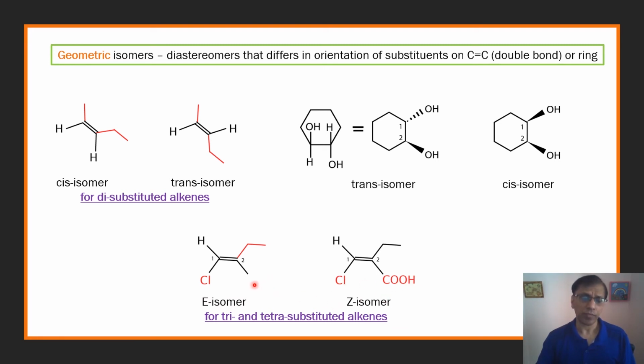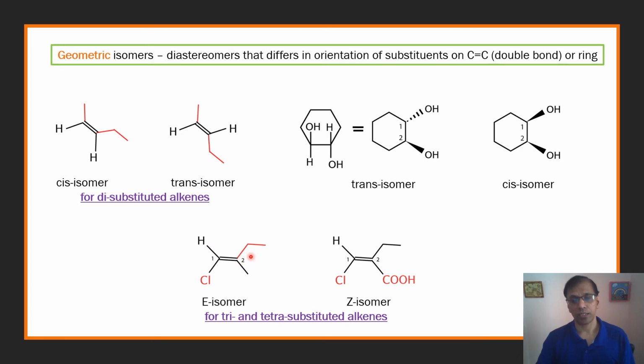Let's look at an example to learn how to find the higher priority group. We have to look at each of the carbon atoms. In this case, carbon atom 1 has a hydrogen and a chlorine substituent. Between hydrogen and chlorine, the atomic number of chlorine is higher, and therefore chlorine is considered a higher priority group as compared to hydrogen.